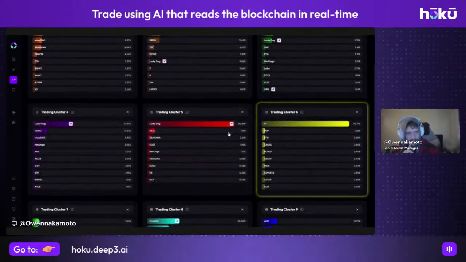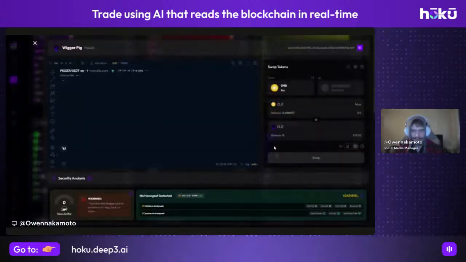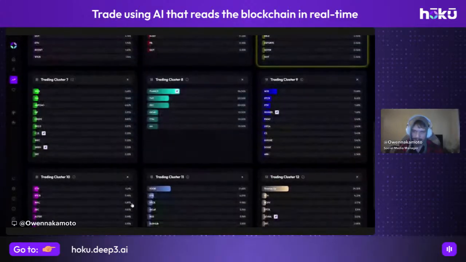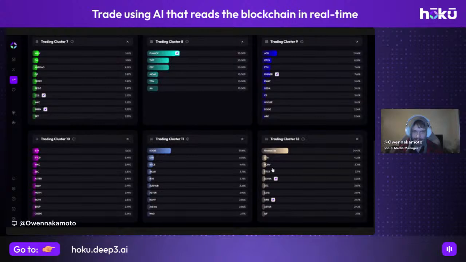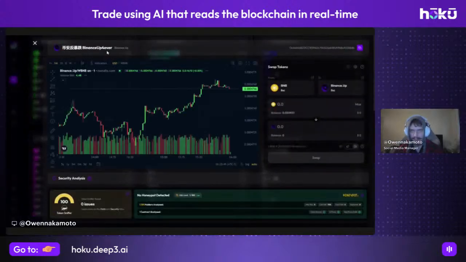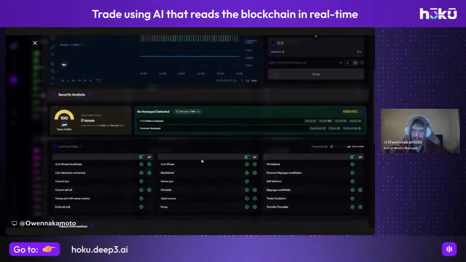Now let's see here. Pigger. Probably a scam. Doesn't look so good. Binance.up. That's a big Forb.meme one, I think. Maybe it does in fact go up forever.